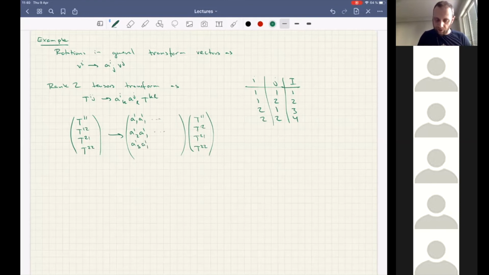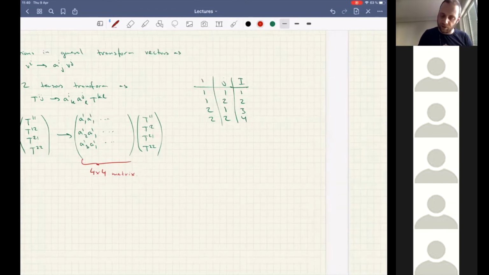You can write down all of those components. But the main thing is that we have a 4 by 4 matrix, and that matrix is the representation of rotations on the tensor product space. Okay, so that's the tensor product representation.